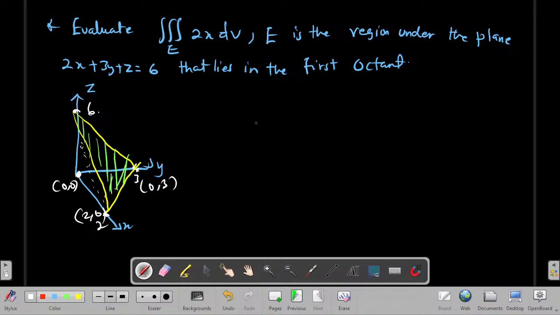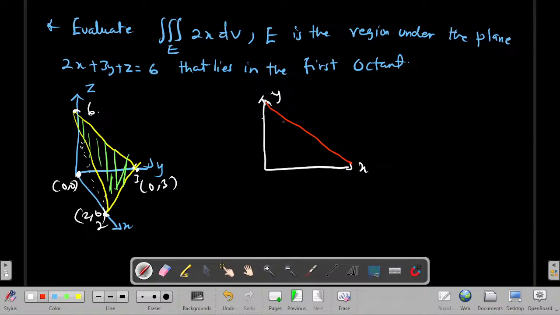So let me draw the XY plane. If I project this onto the XY plane, I'll have the plane lying here.